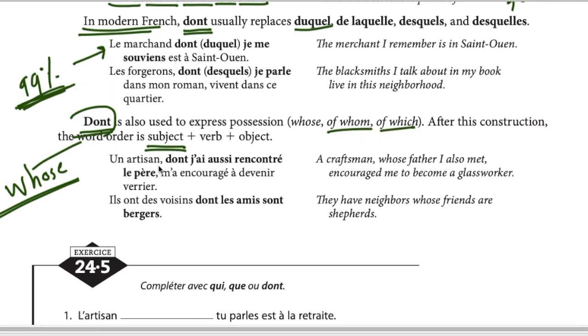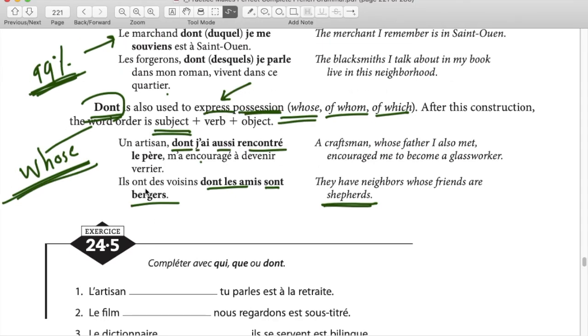For example, un artisan dont j'ai aussi rencontré le père, whose father I also met, encouraged me to become whatever. The second example is, I guess, better. Ils ont des voisins, they have neighbors dont whose friends are shepherds. They have neighbors whose friends.